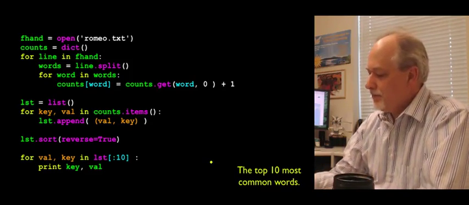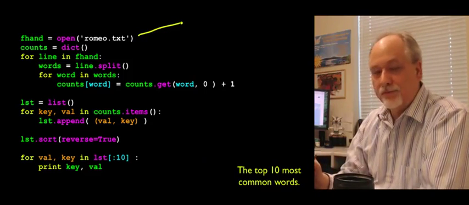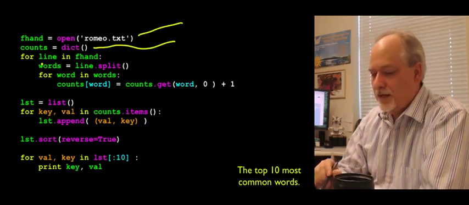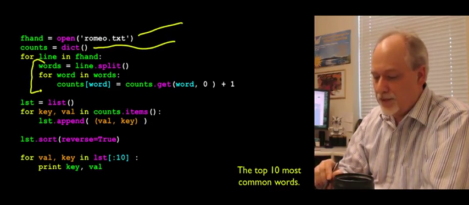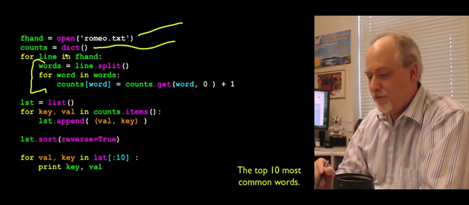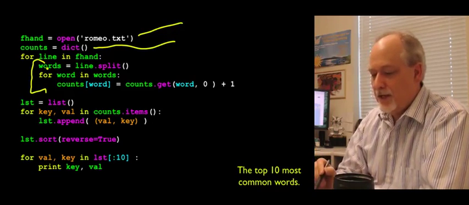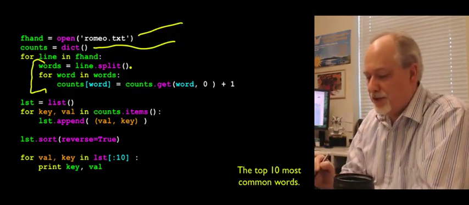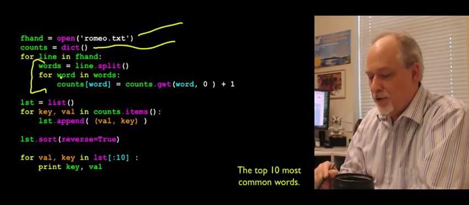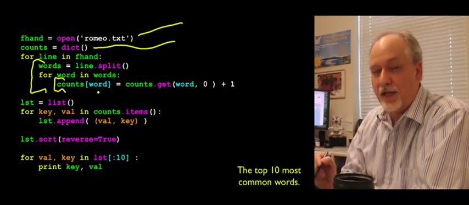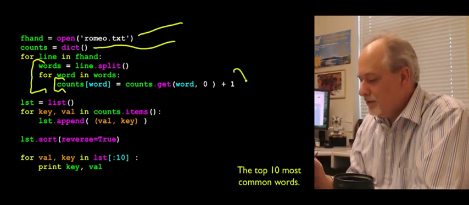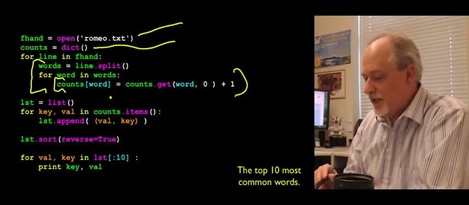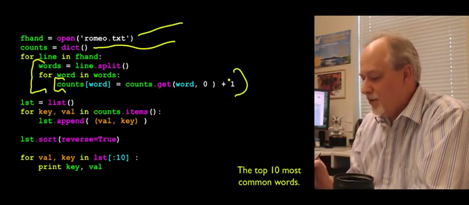So here's what we're going to do. We're going to open a file. We're going to create an empty counts dictionary. Then we're going to write a for loop that reads each line, for line in fhand. Then I'm going to split each line into words based on the spaces using the dot split. Then I'm going to loop through each word in each line and use our histogram or dictionary pattern where I say counts[word] equals counts.get(word, 0).